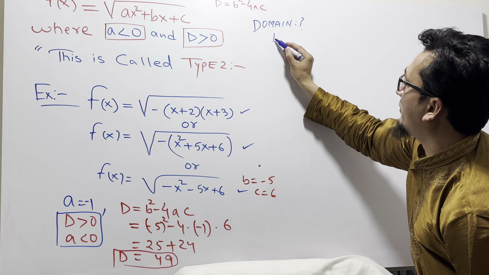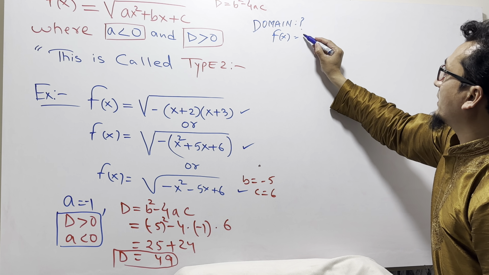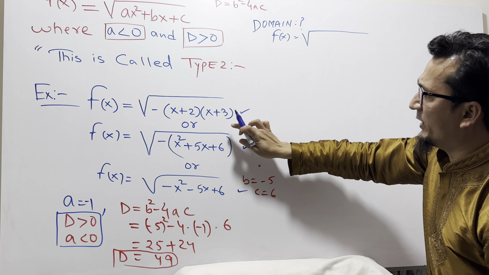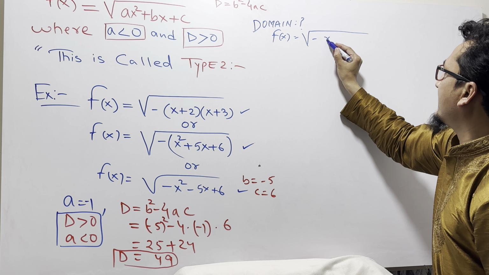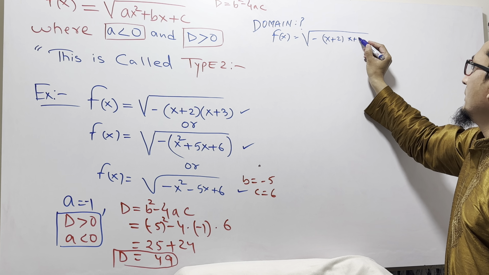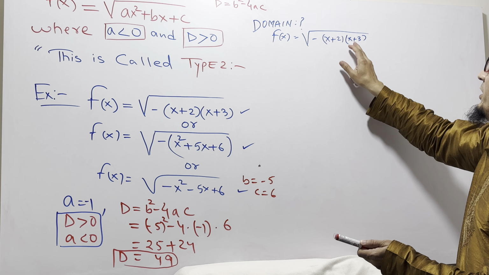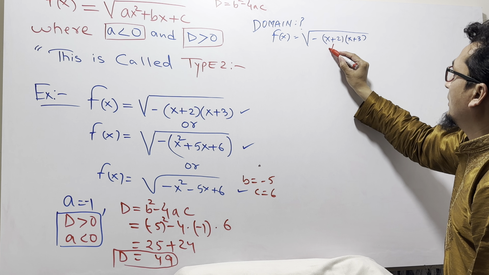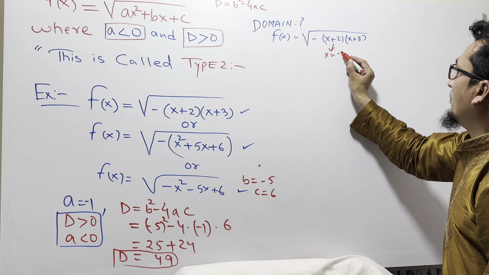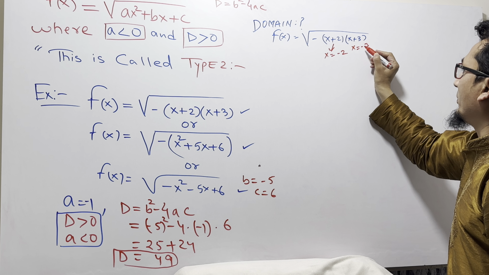So what is the function here? I'm going to take the first one, you can write any equation here: minus (x plus 2)(x plus 3). The same thing you have to do: these are two different linear factors, find the zeros. What are the zeros here? x is equal to minus 2, and x is equal to minus 3.